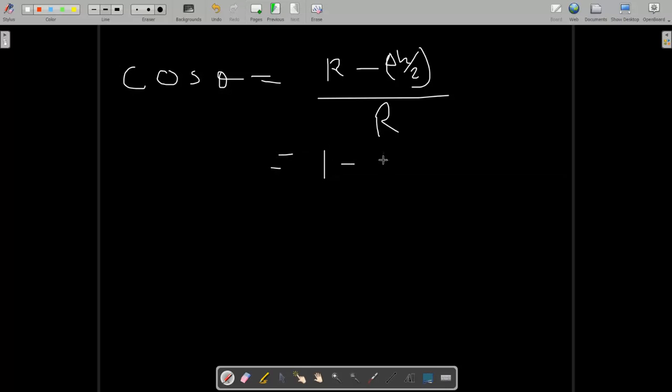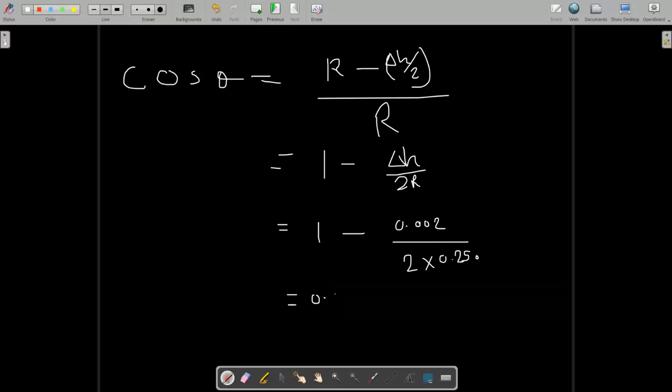Simplify this: 1 minus delta h by 2r. Now we have all the values. Delta h in our case is 0.002 divided by 2 into radius. Radius is 0.250, it is given. When you solve this, you will get cos theta approximately equal to 0.994.